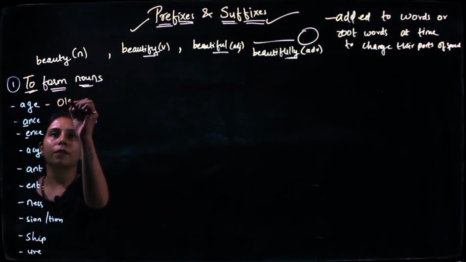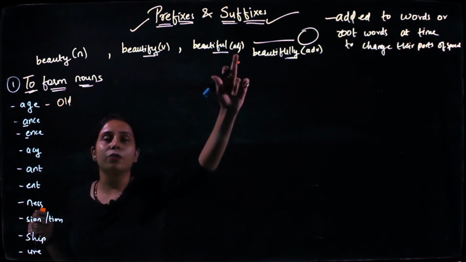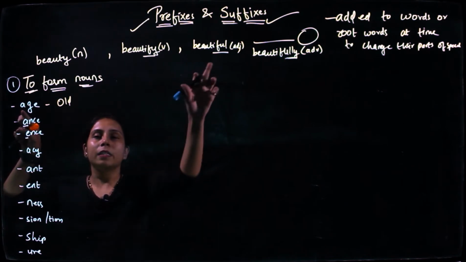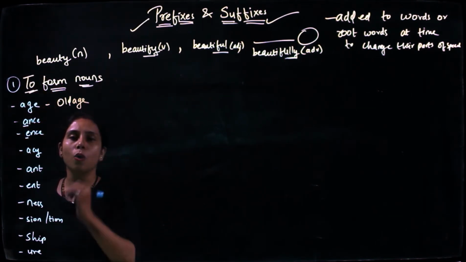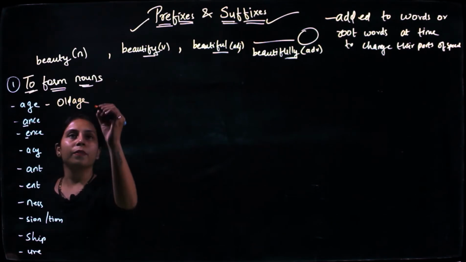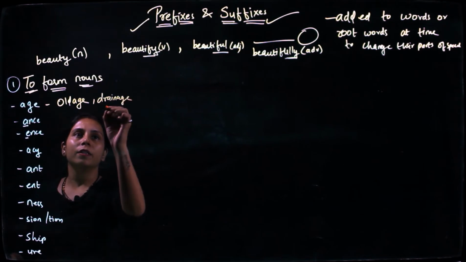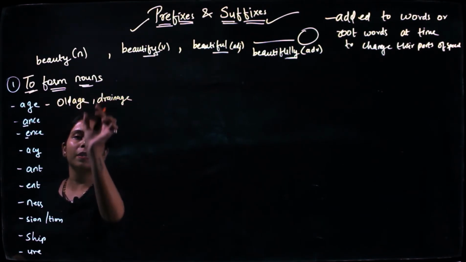So I would give examples of words. For example, if I say old, it is an adjective in itself. Now I would add a particular suffix to it to form a noun. So it would be old age. Okay. Drainage. Drain is a verb. I have added age at the end to form a noun.